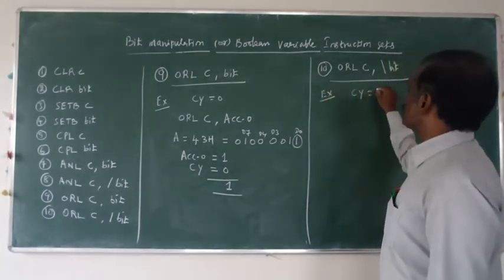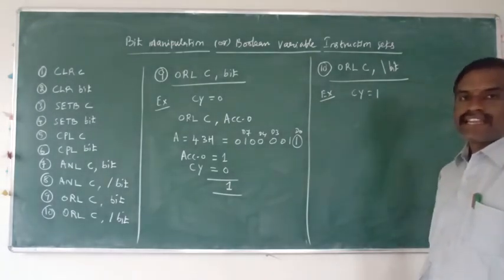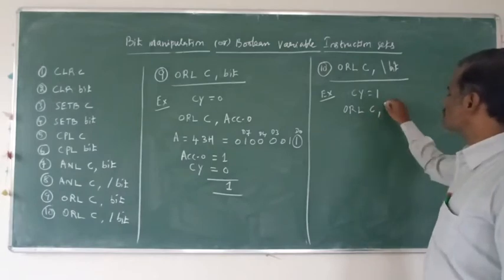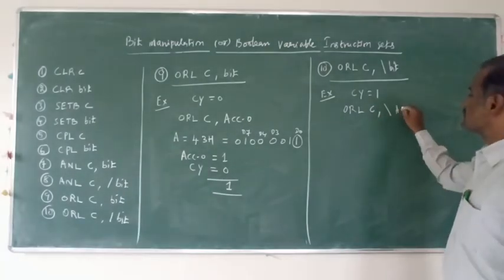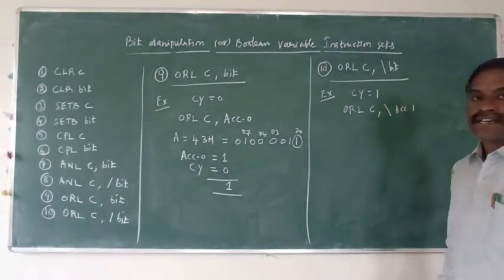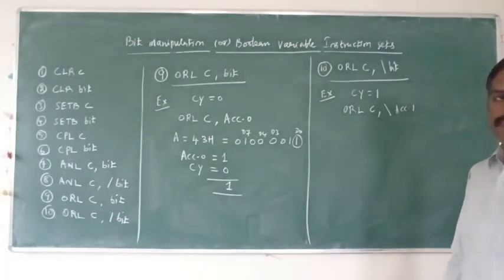here carry equal to 1, to set, and ORL C comma slash ACC.1. ACC.1 means accumulator content first position bit.